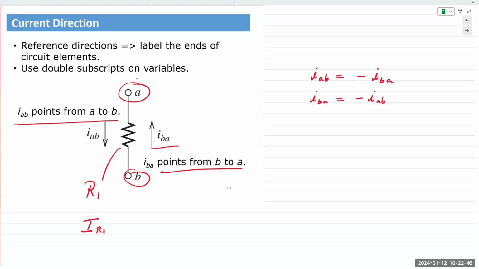It's simply referencing the current that is flowing through R1, but it has 2 subscripts, R1. It does not mean that it is talking about 2 endpoints. It is simply talking about the element which is named R1. IR1 could be IAB, or it could also be IBA. So just pointing that out. You would not encounter something like this often, but if you do, then you should know IR1 is simply referencing the name of that element, nothing else. All right.